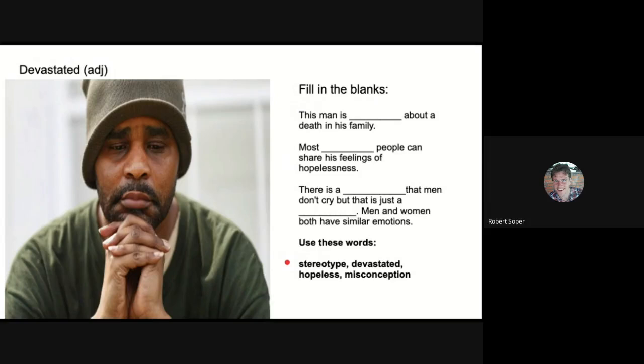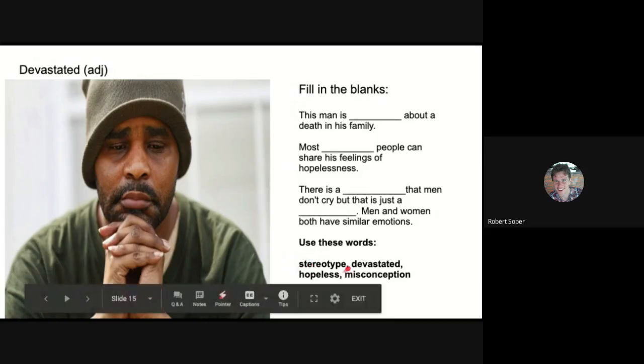And a stereotype is that incorrect opinion about a group of people that is widely held, but isn't always true. It's often incorrect because it doesn't have much evidence. It's just a widely held opinion about people that isn't usually true. And the stereotype is that opinion, that widely held belief that might be false.